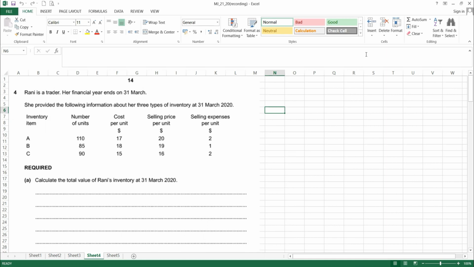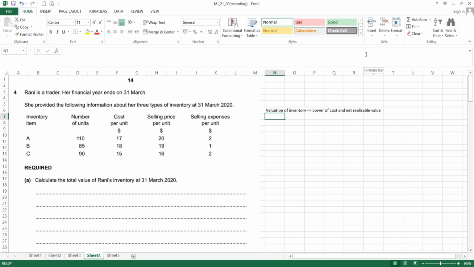First of all, when we want to calculate the valuation of inventory, what is the key thing that we must know? Lower of cost and net realizable value. So this is the key that we need to choose. Which one is lower? Then we take that price to do the recording.